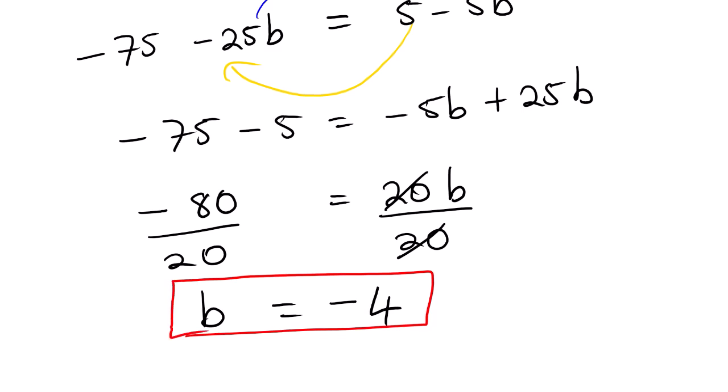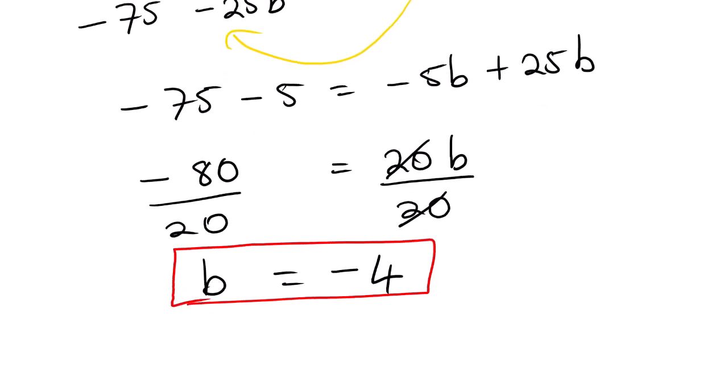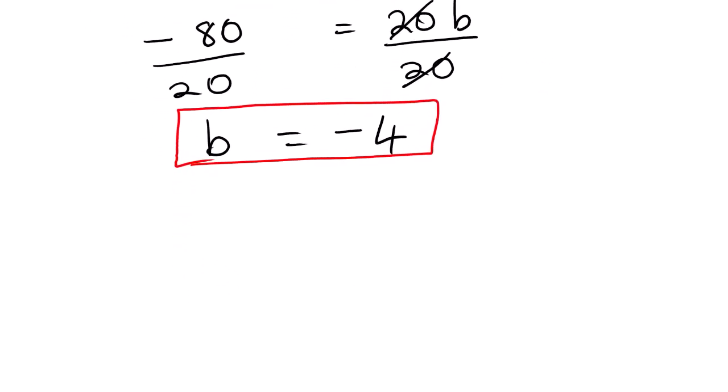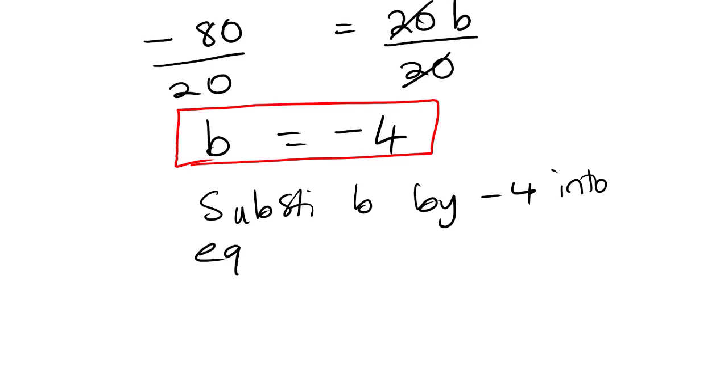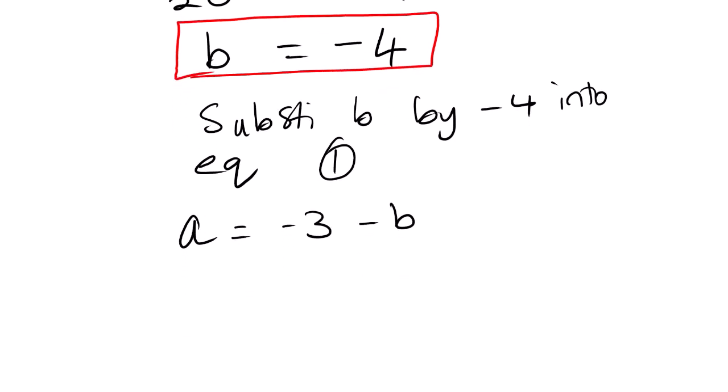We are left with the value of a. In this case, there are many ways to determine the value of a. We can substitute b by -4 into equation 1. So our equation 1 is a equals -3 minus b. Where we see b, we substitute by our answer. We have -3 minus -4.